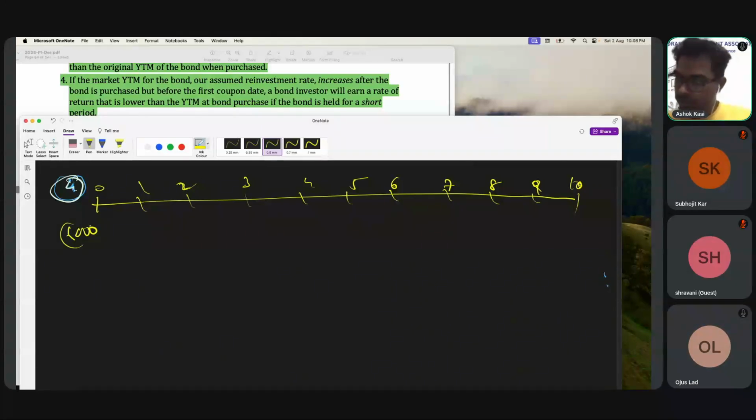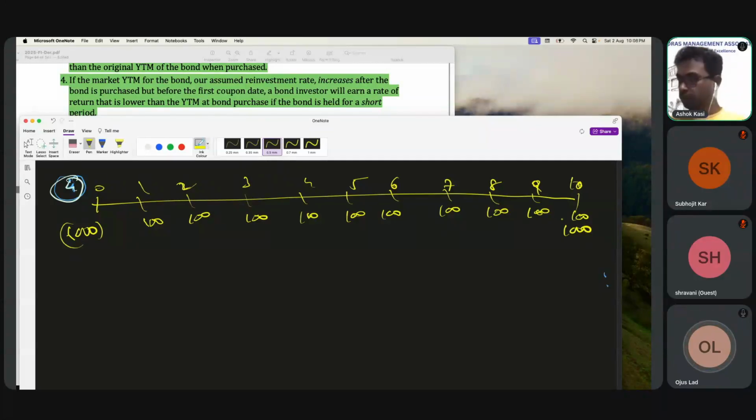The face value is 1000, and the coupon is 100 each year. Now you are going to hold this bond only for a short period.